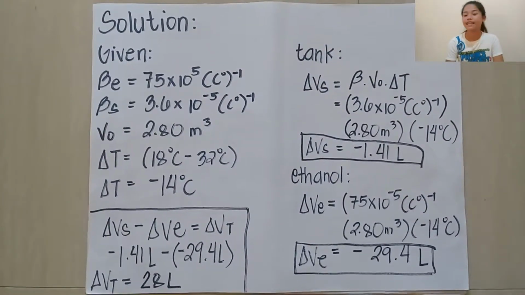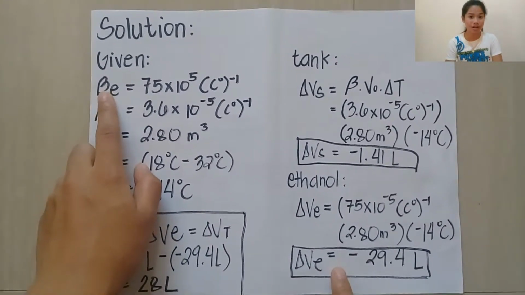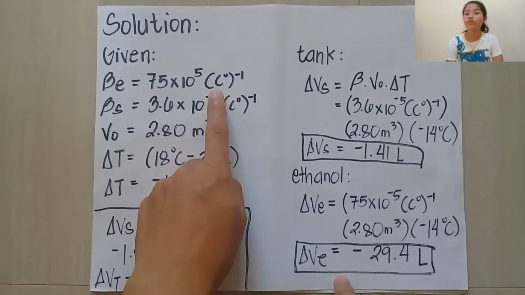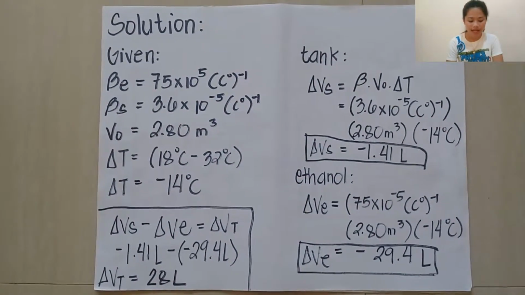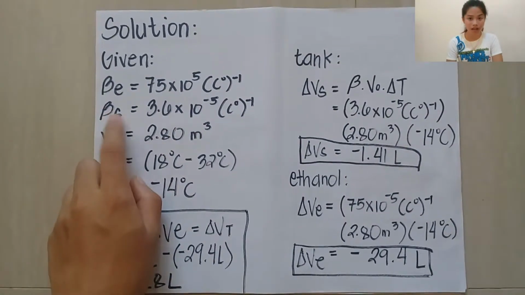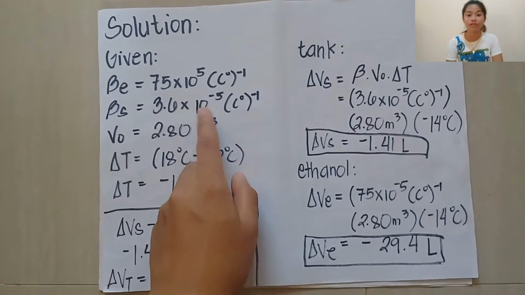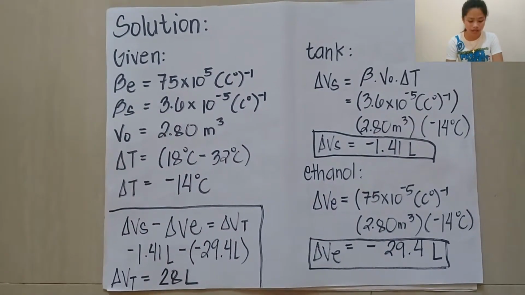Solution. The given values are the beta of ethanol, which is 75 times 10 to the power of 5 Celsius degrees inverse. Then, the beta of tank, which is 3.6 times 10 to the power of negative 5 Celsius degrees inverse.